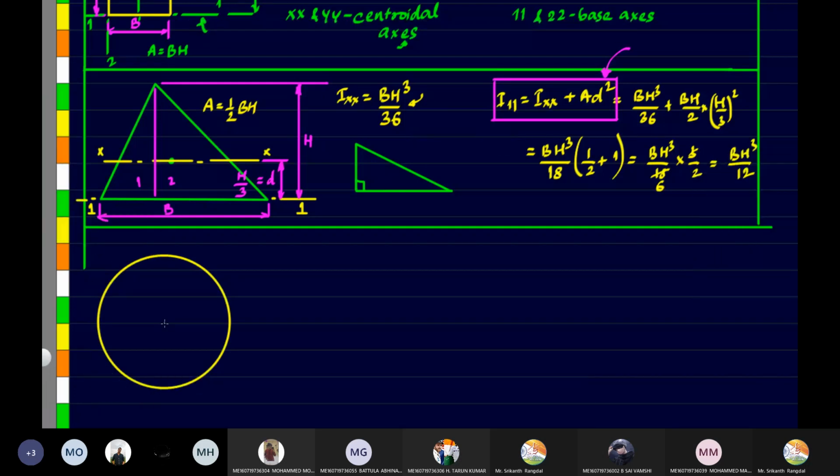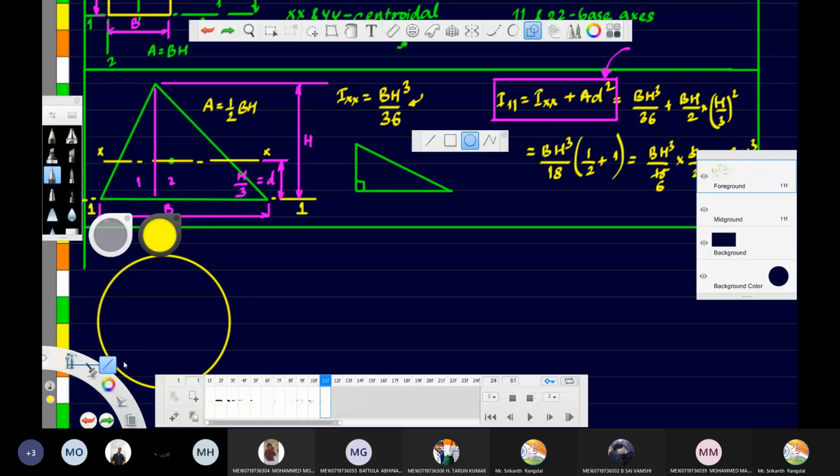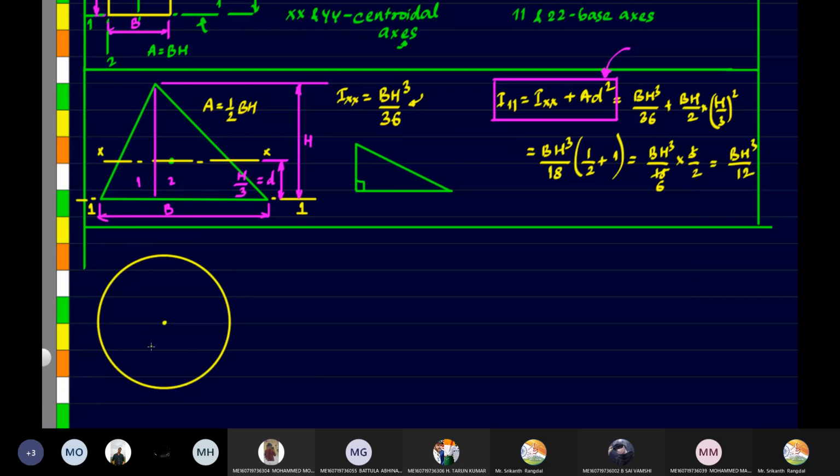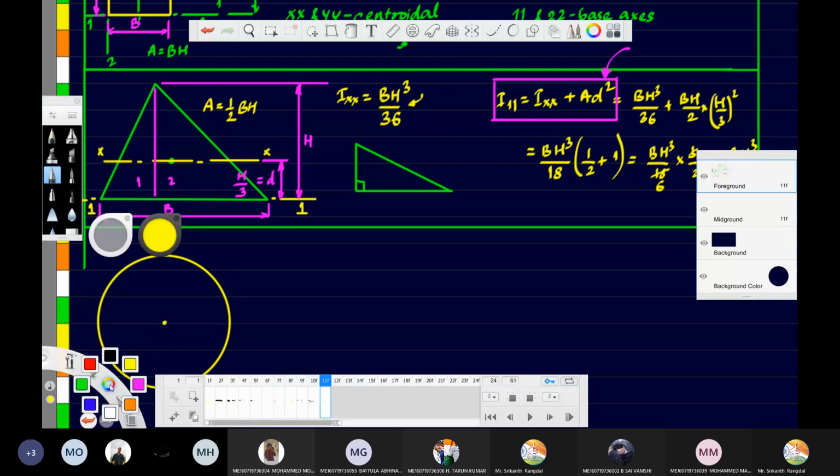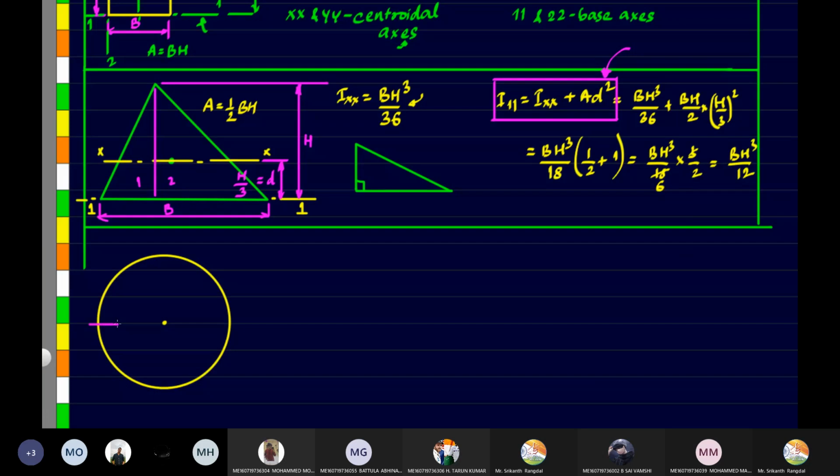Circle, center point is here. Once again, the axis. Yeah, this is the x-x axis. This is the y axis. Okay, x-x axis, y axis, and we also have one more axis.